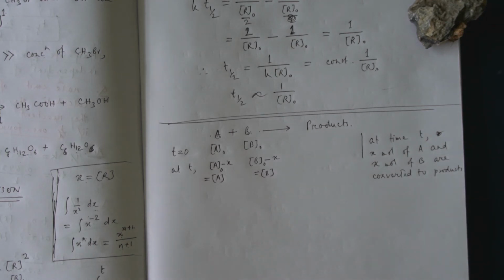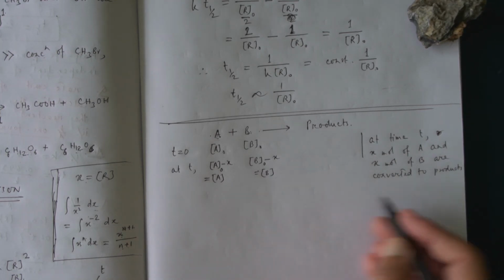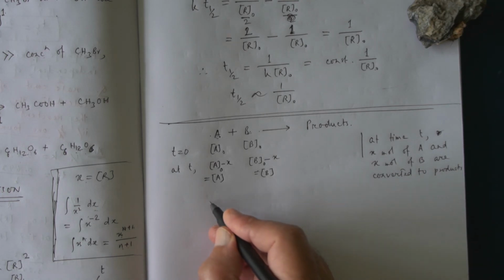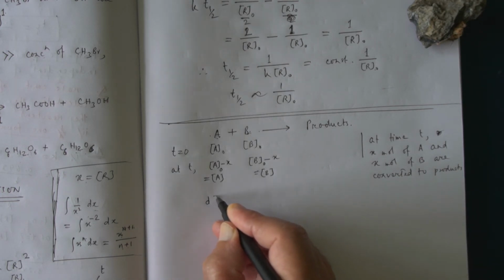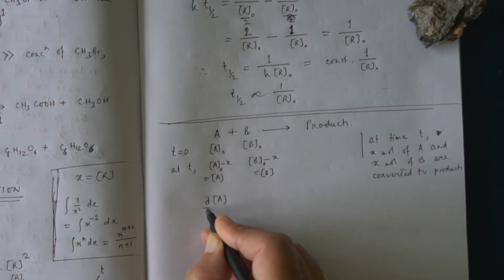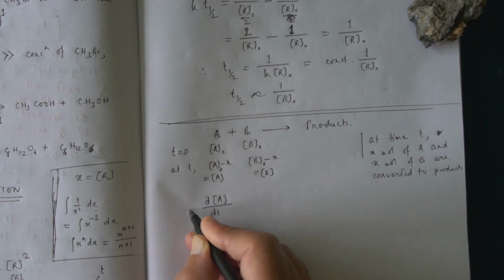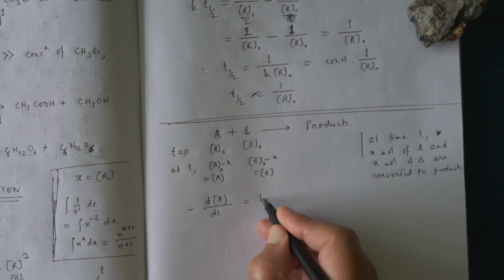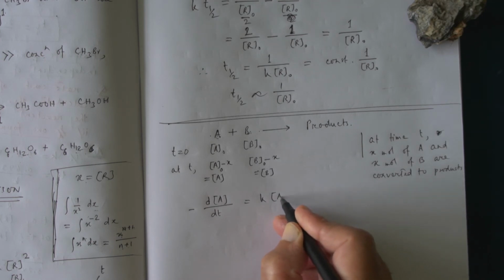Now, if we write the differential rate equation, I can write it like this: minus dA by dt equals K AB.